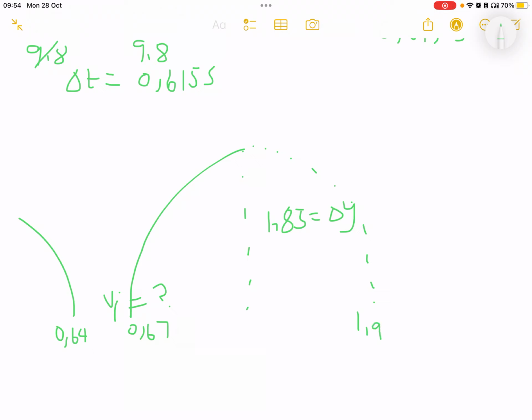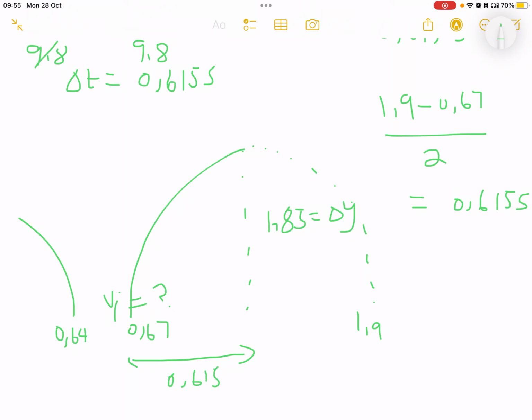So what can you do? You do the inverse or the opposite. You can say, okay, 1.9 minus 0.67 all over 2. You get 0.615 or 0.62 seconds. Then with this time, I know the time it took from here to here. It was 0.615 seconds.